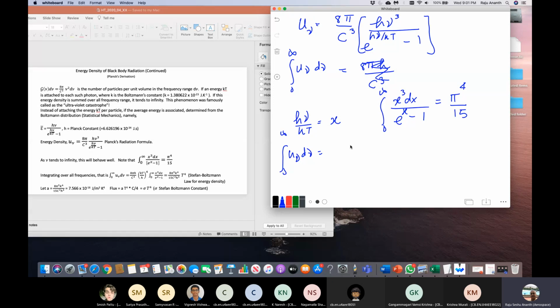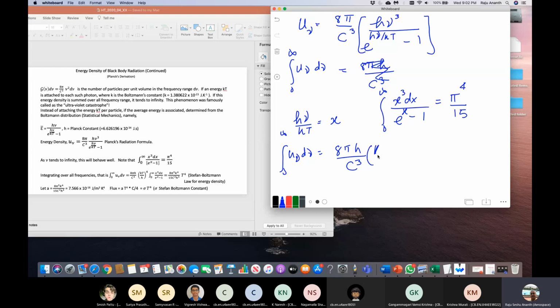So it will be like 8 pi h divided by c cubed, kT over h to the power of 4.